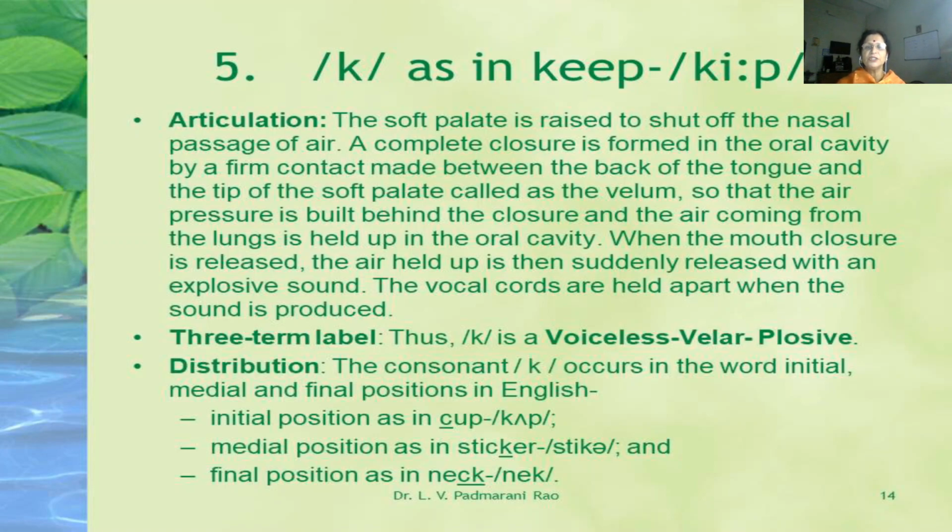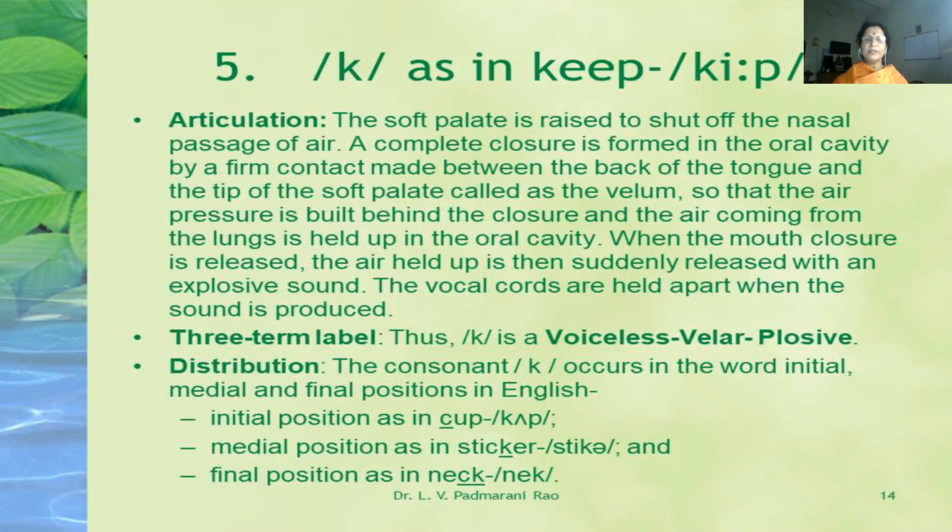During the articulation of this sound k, the soft palate is raised to shut off the nasal passage of air. A complete closure is formed in the oral cavity by a firm contact made between the back of the tongue and the tip of the soft palate, which is also called the velum, and hence they are called velar sounds.